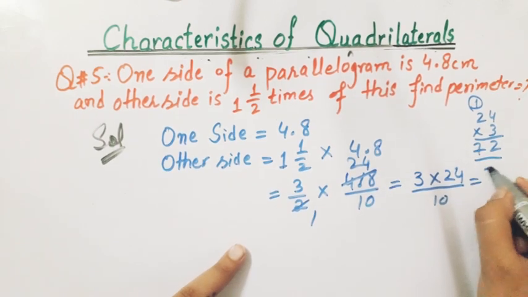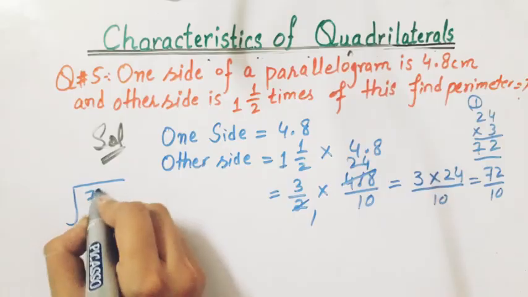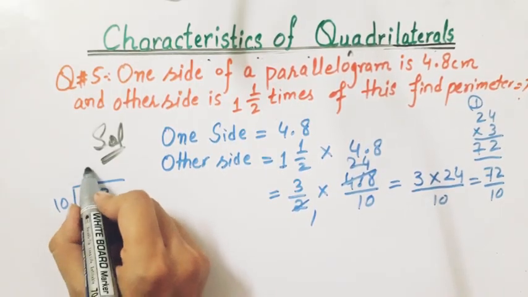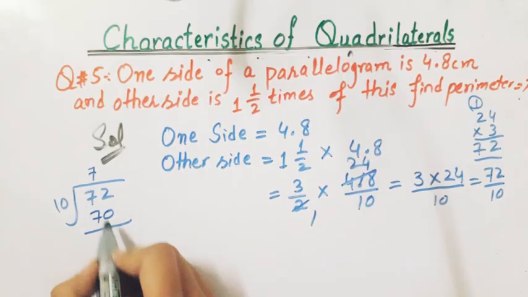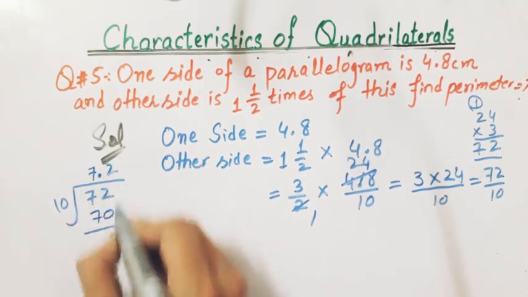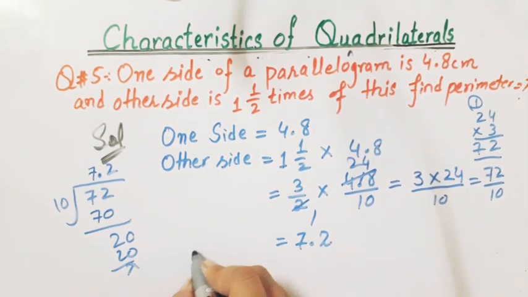You got 72 by 10. Now divide this. 72 divided by 10: 10 sevens are 70 and then 2 after the decimal. So it will be 7.2. You got 7.2 is the other side.